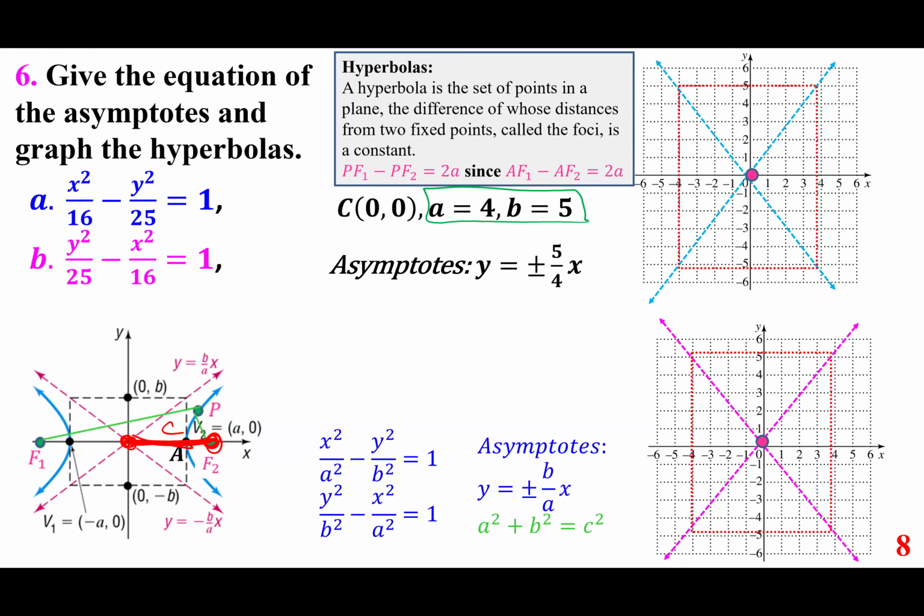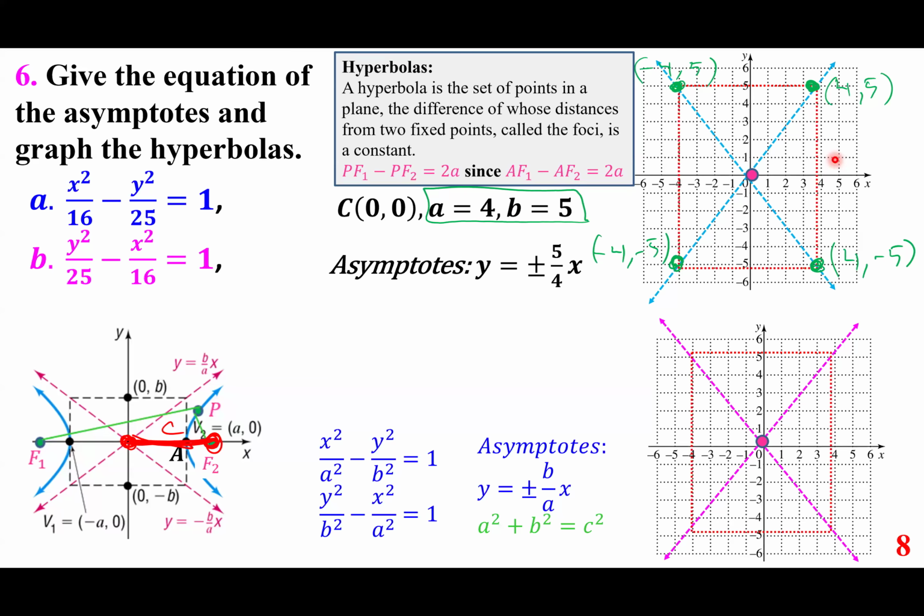And if you locate 4, 5, negative 4, 5, 4, negative 5, negative 4, negative 5, and if you connect those points, that means these 2 points and these 2 points, those are the diagonal of the fundamental rectangle.